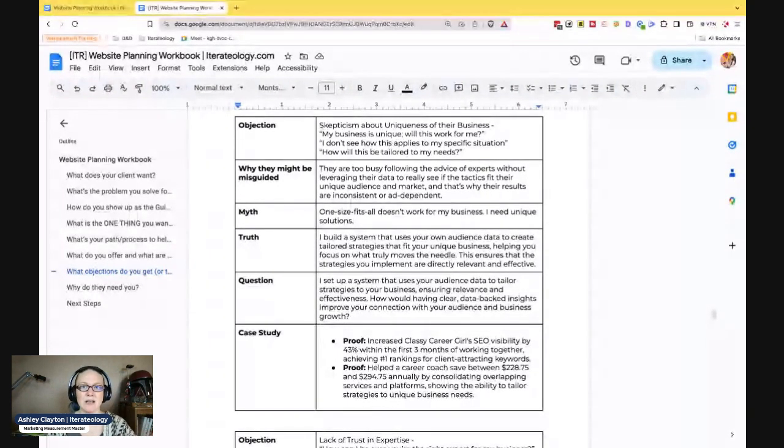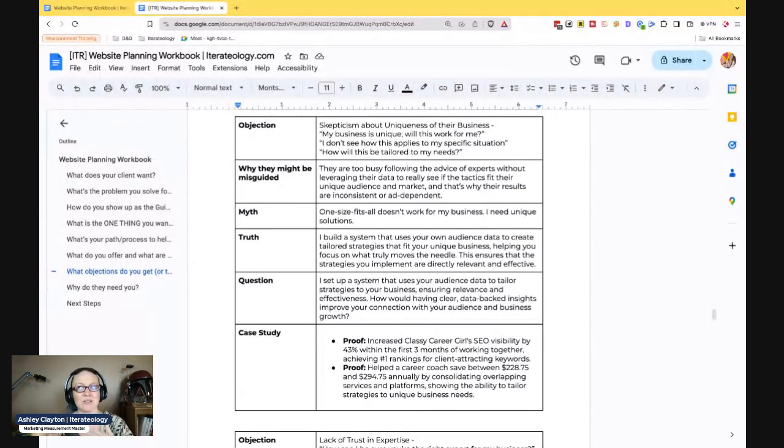The truth is, for this particular offer of mine, I have a proven system that brings in their own data so they can have the unique marketing strategies they need to actually move the needle in their business.